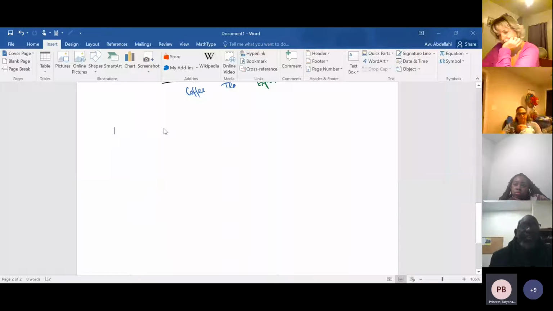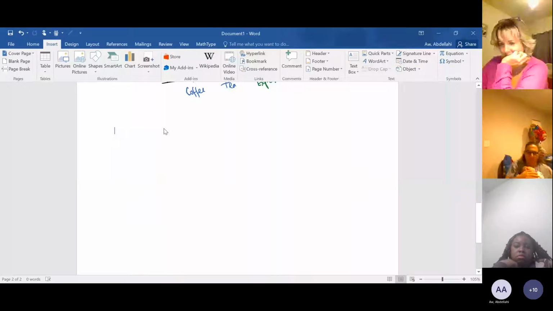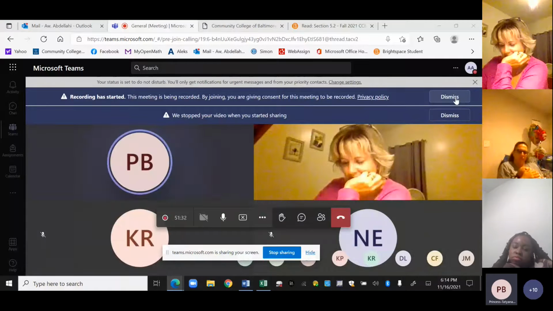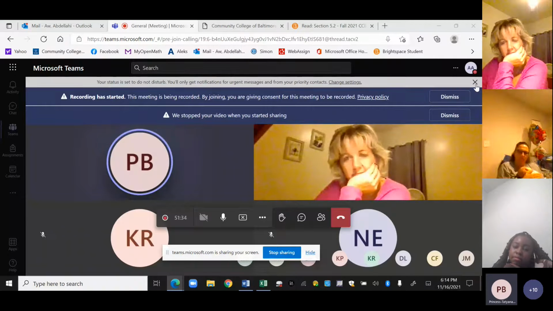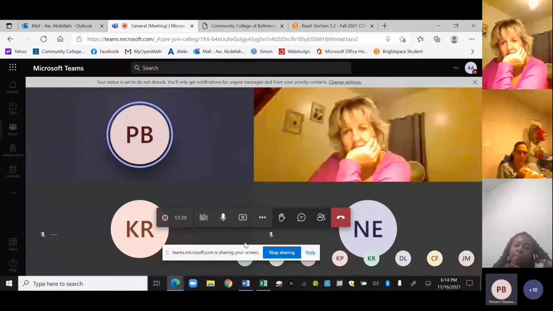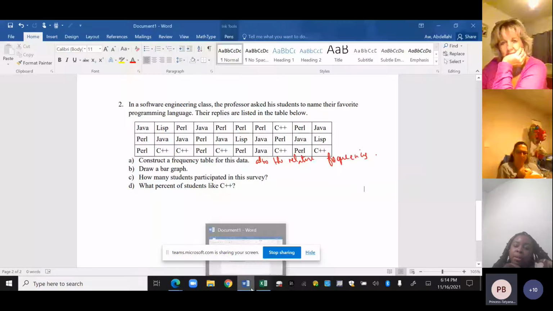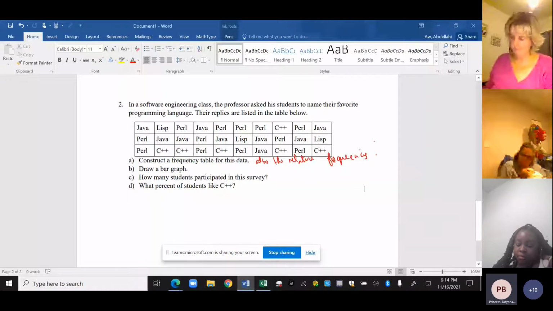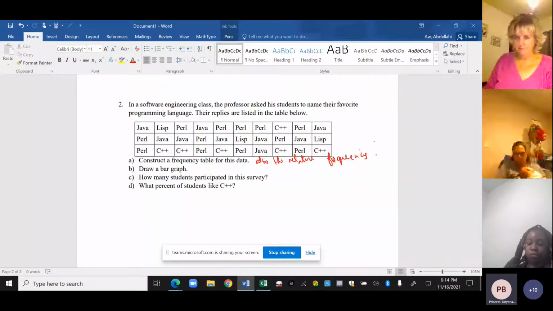You see, I was saying, I let you try this. So now I have to share my whole screen, not only one window. Okay, so you have this. This is the data. This table represents the data over there.